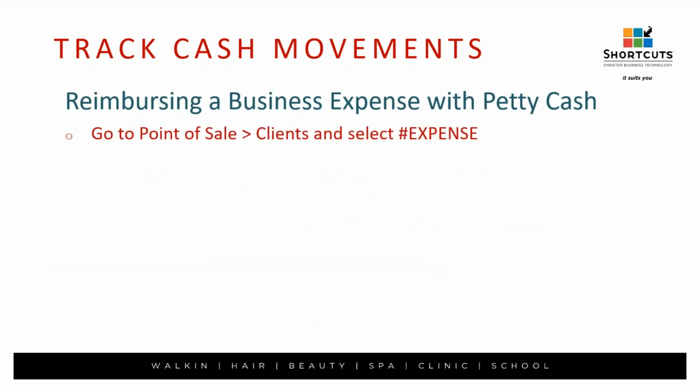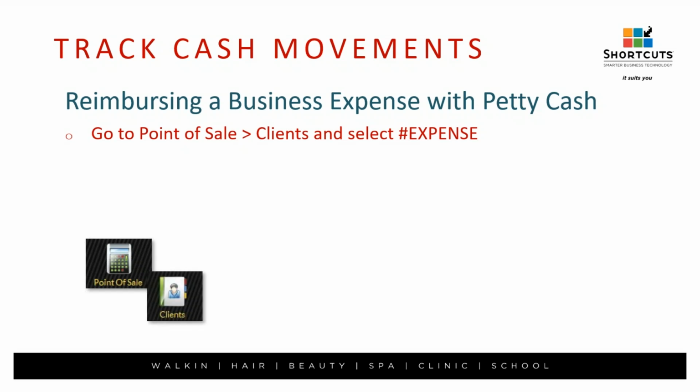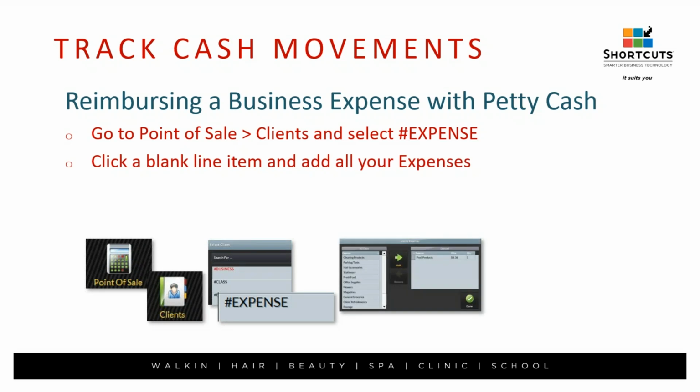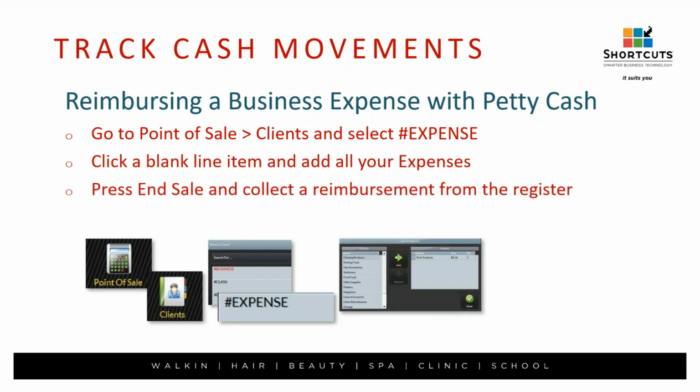The other way to track a sort of petty cash is with a business expense. So let's say on the way to the salon or on the way to your shop this morning, you actually went to the beauty supply to pick up some color, or to pick up some other supplies. So you took $20 out of your own pocket to pay for this item, and when you get in, you're going to be reimbursed from the register.